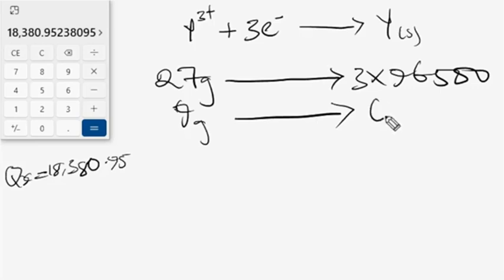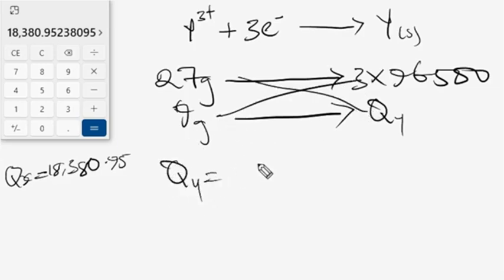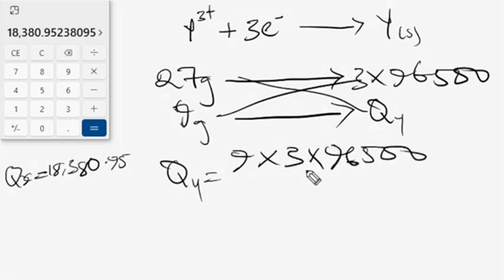So what will be the charge here? Let's call this Q for y. So let's go ahead and cross this out. So to find the Q for y, it's going to be such that we'll multiply this by this, and then we'll divide by 27.